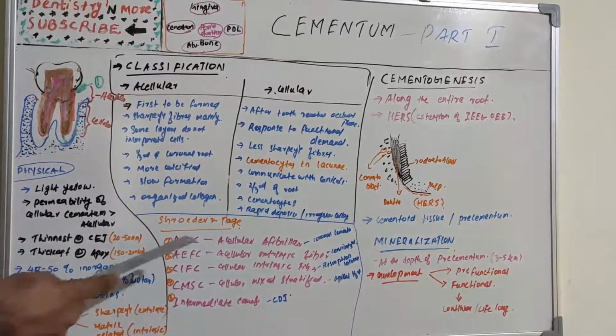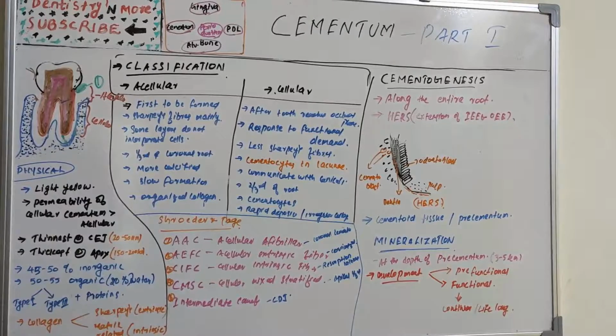So what is Acellular Afibrillar Cementum? Okay, so this is formed at the most cervical enamel border following completion of pre-eruptive enamel maturation, and sometimes also during tooth eruption. It is probably secreted by cementoblasts.